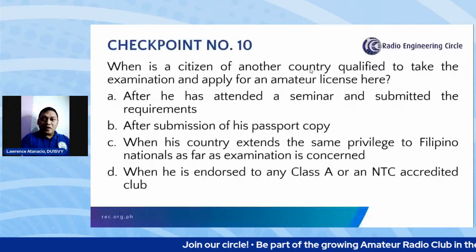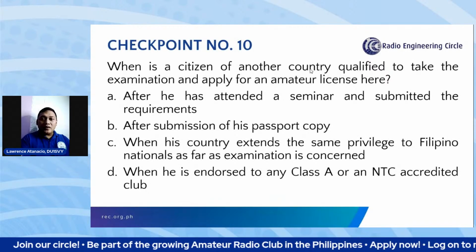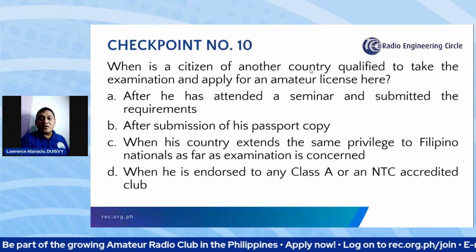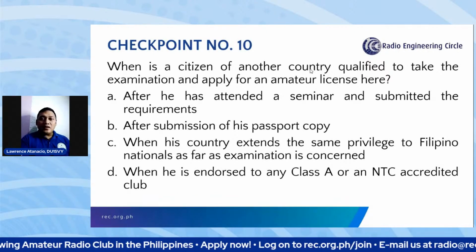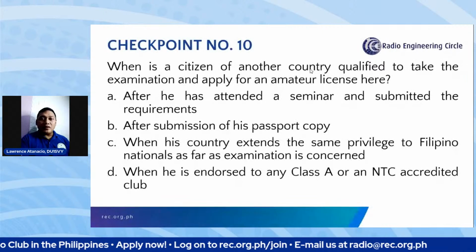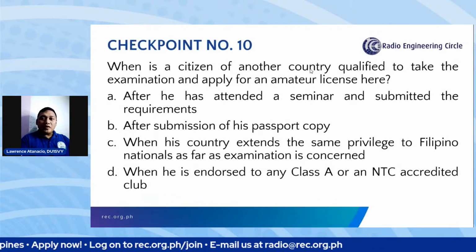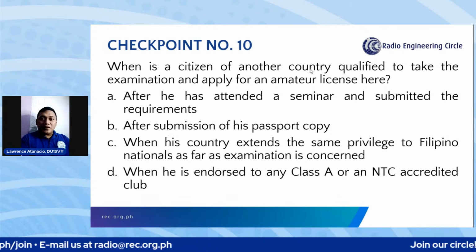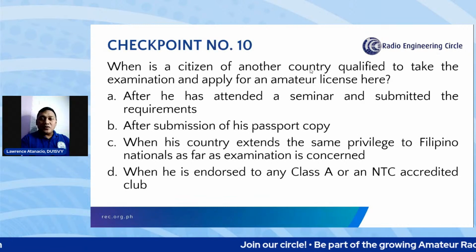Okay, checkpoint number 10. When is a citizen of another country qualified to take the examination and apply for an amateur license here? A. After he has attended the seminar and submitted the requirements. B. After submission of his passport copy. C. When his country extends the same privilege to Filipino nationals as far as examination is concerned.